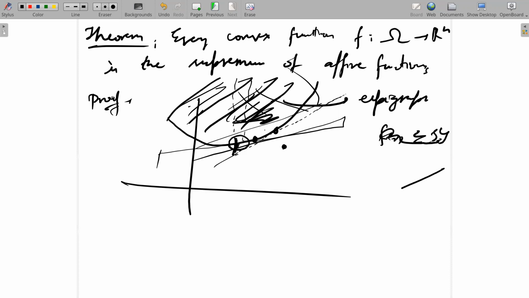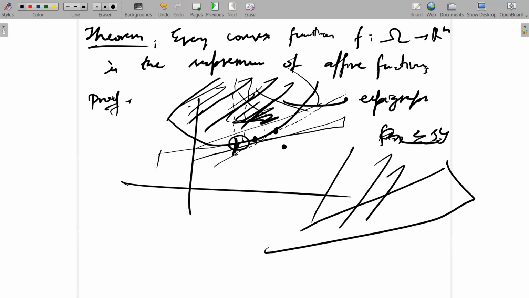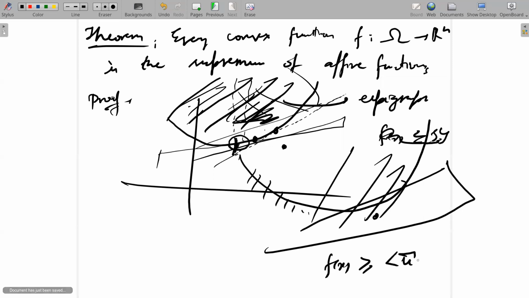Because if I have a hyperplane like this and I'm looking at this closed half space, then in fact what I'm saying is, the epigraph is completely contained in here. So in particular, the whole graph is contained in here. So that means f of x is bigger than or equal to this u dot x plus alpha for all x. So if u was the corresponding affine function, then I have this.